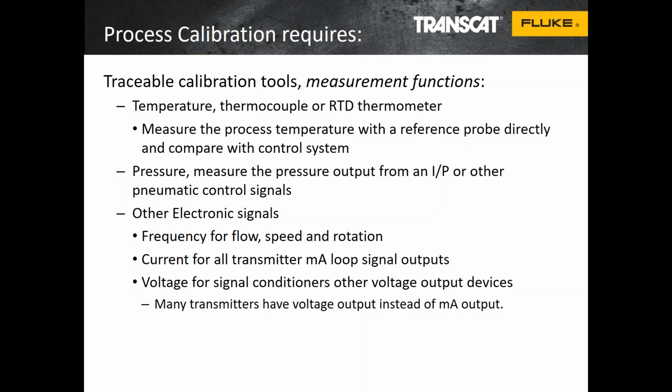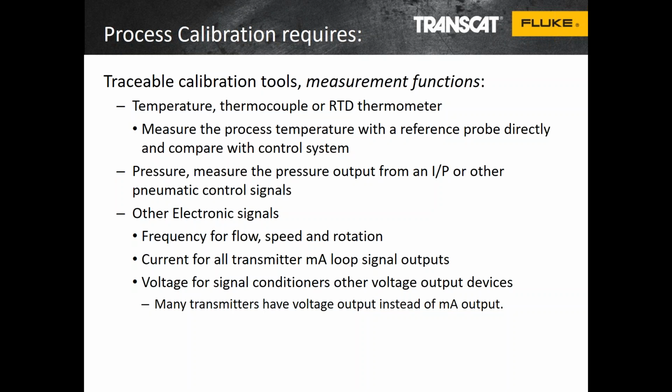You can't do a multiple point test, but for a check standard or in between routine maintenance, it's a good way to confirm and have confidence that the actual values that are being reported to the control system at the control point are accurate.